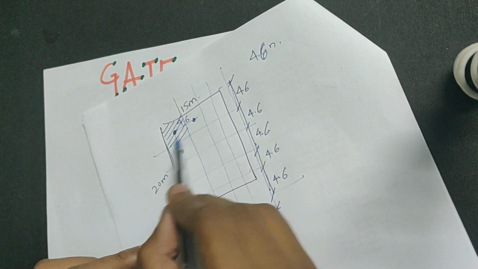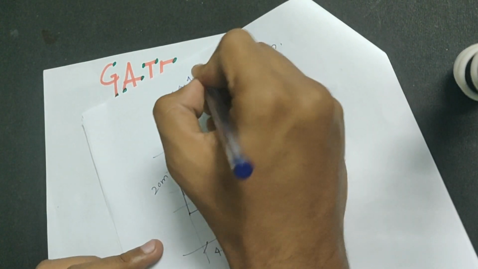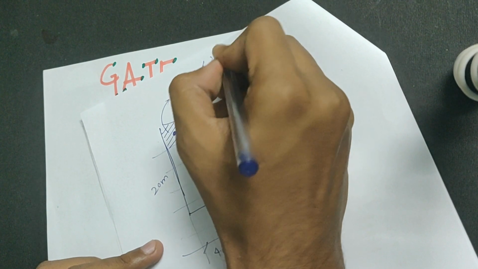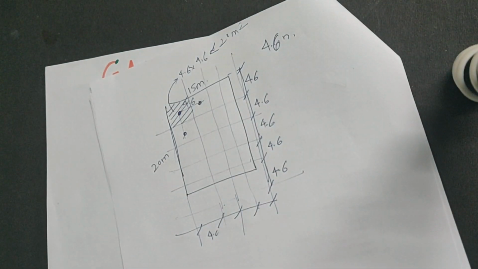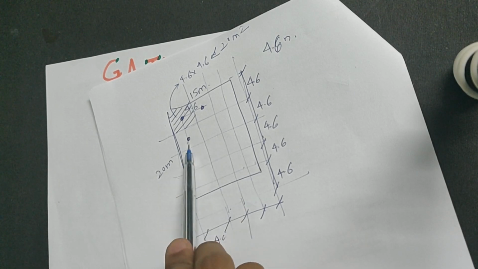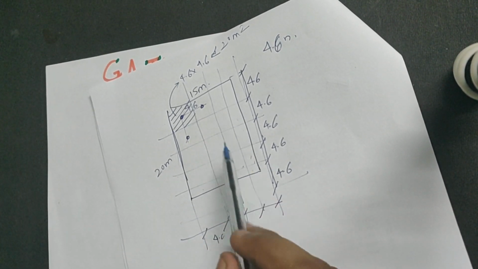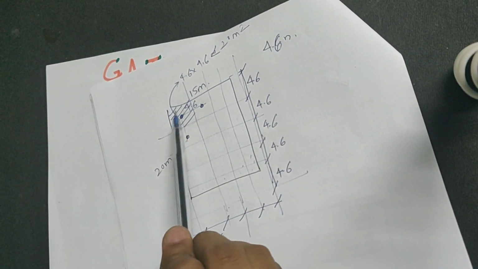The area of this, which is 4.6 into 4.6, is obviously less than 20 meters square. So all these grids will have one sprinkler, and one sprinkler will also be placed in the cutout places.